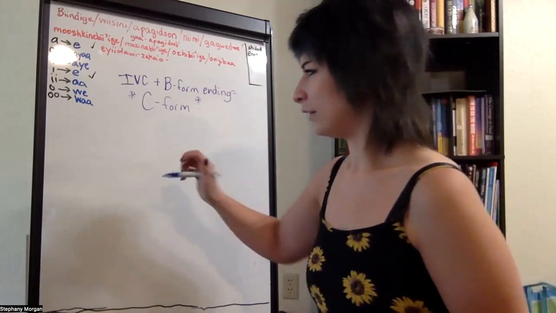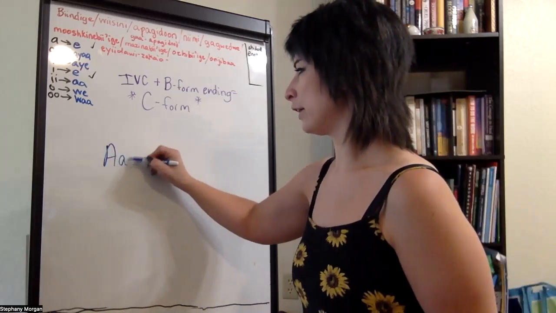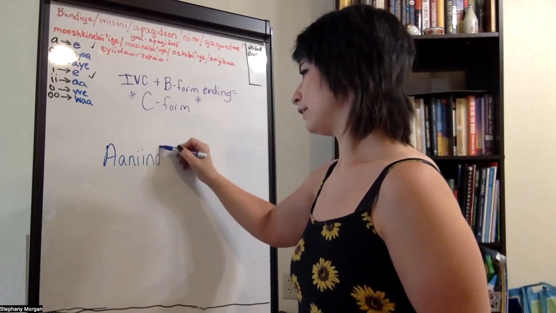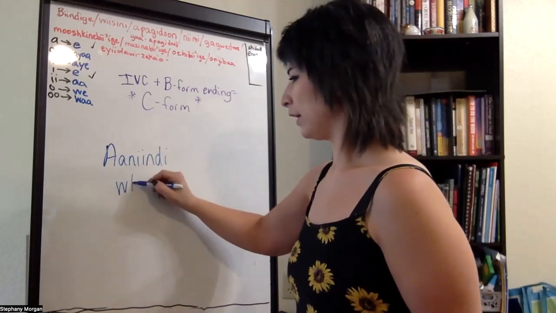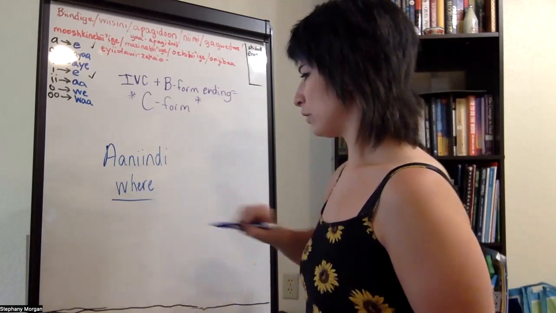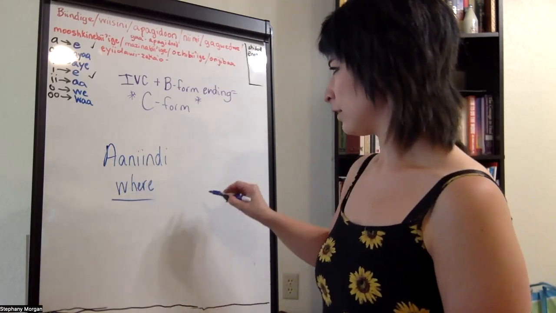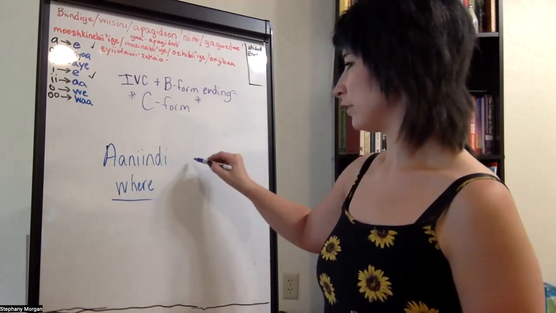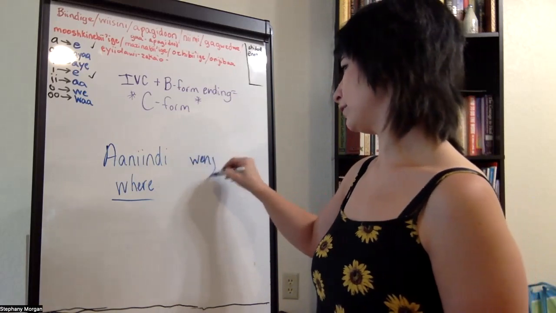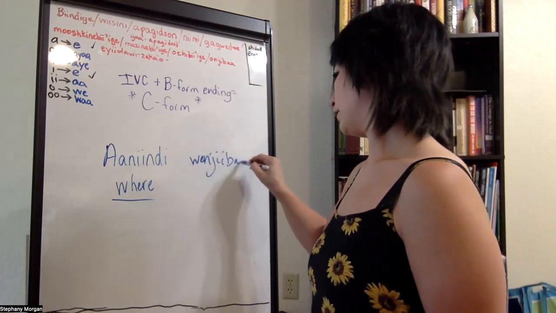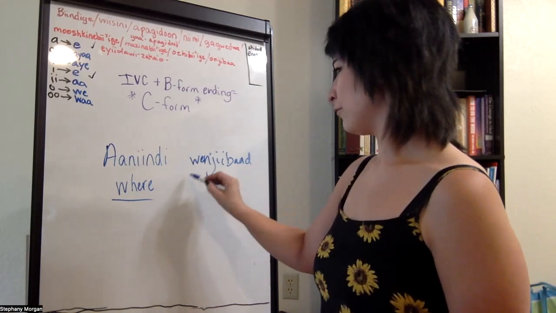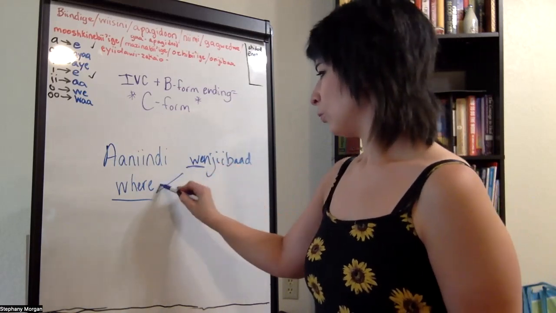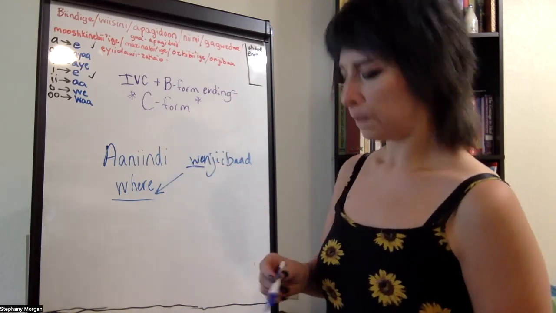But when I take a question marker word like Anin, the where, and I pair this question with the C form word, the initial vowel change, Wenjabad, it is emphasizing the where.